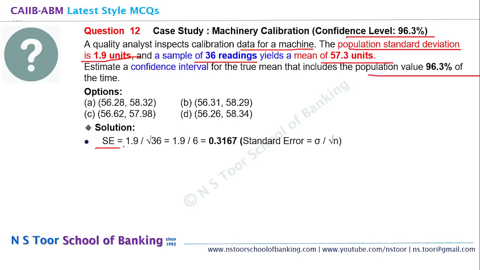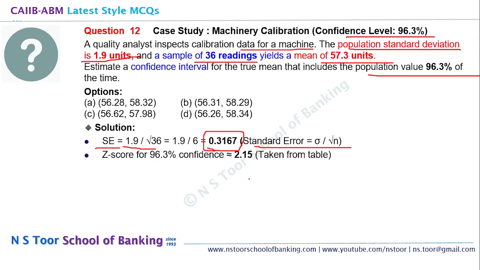It is 1.9 divided by the square root of 36. The square root of 36 is 6. So 1.9 divided by 6, so 0.3167 will be our standard error. The standard error is the basic calculation we require in many of the problems. So you should remember this formula.